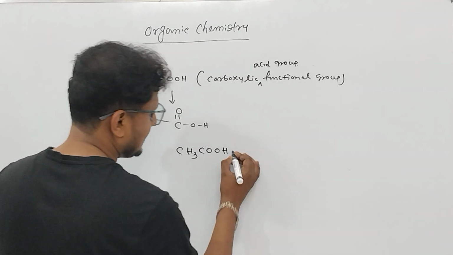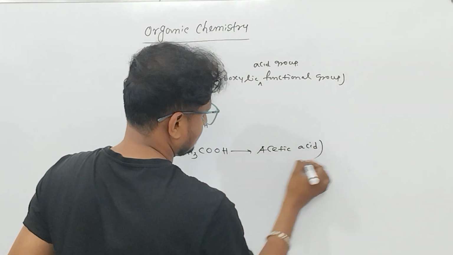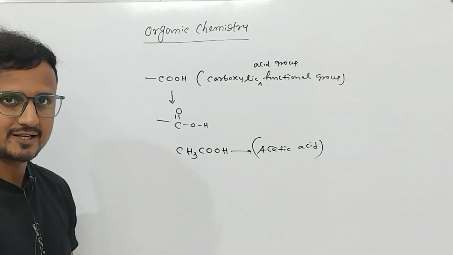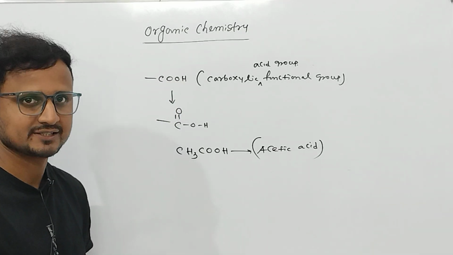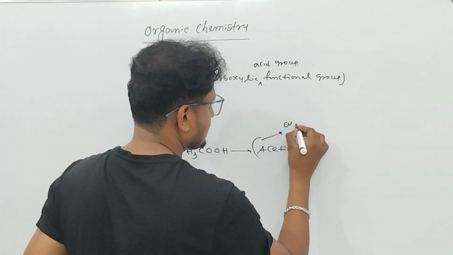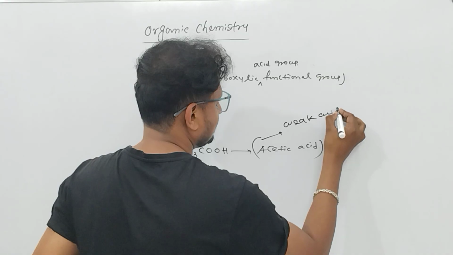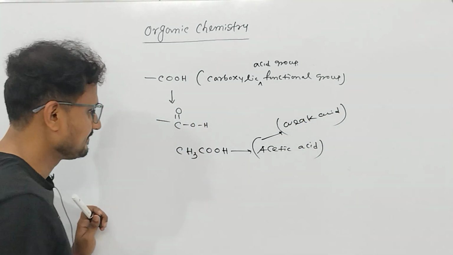This one is acetic acid. So one example of a compound having COOH is acetic acid. Again, all these organic acids are weak acids. This is also a weak acid, it dissociates partially in aqueous solution.